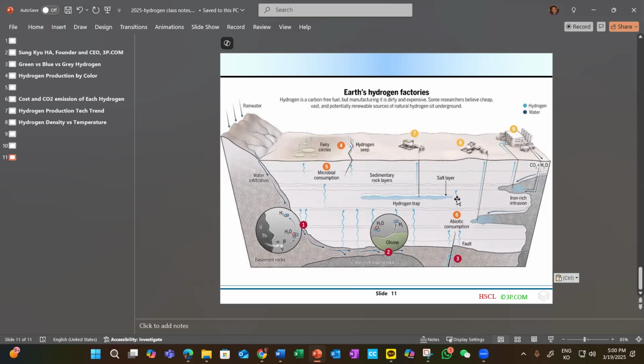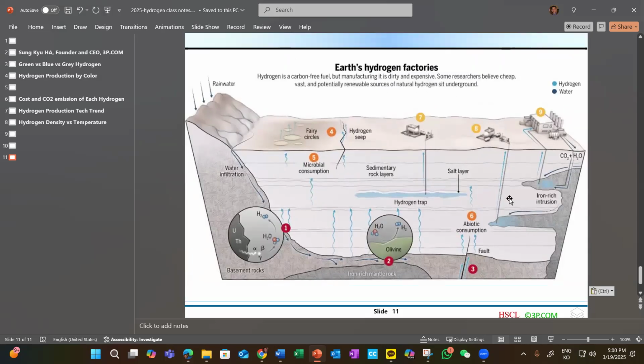It's like oil pumping. It would be very wonderful. This H2 is caught inside the Earth, as good as the oil and gas. This is called the white hydrogen.